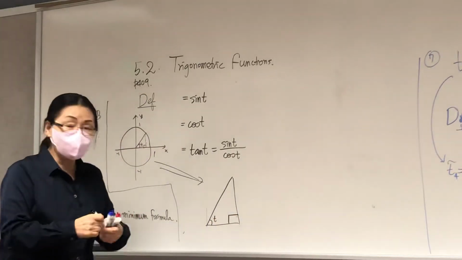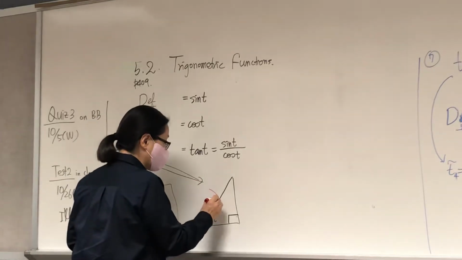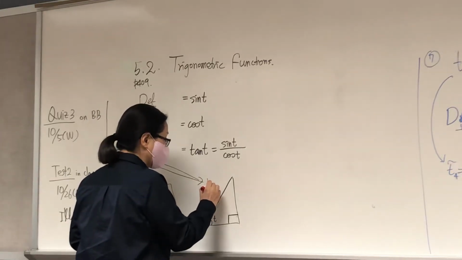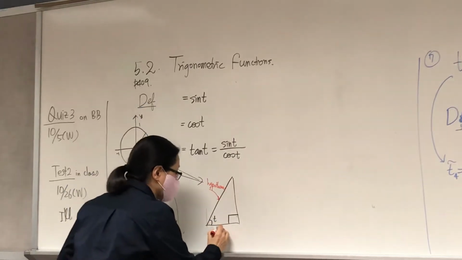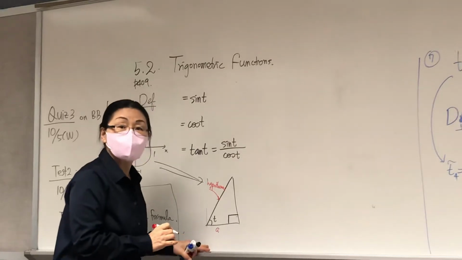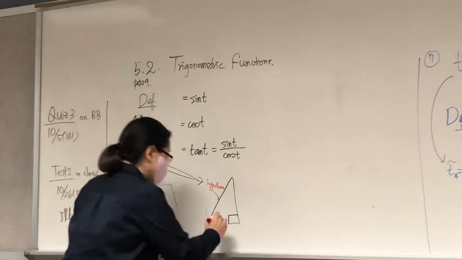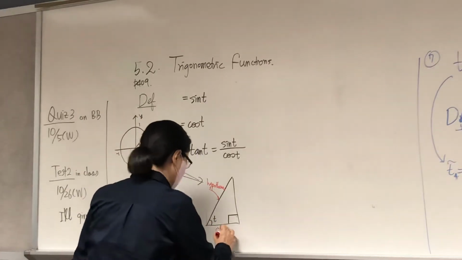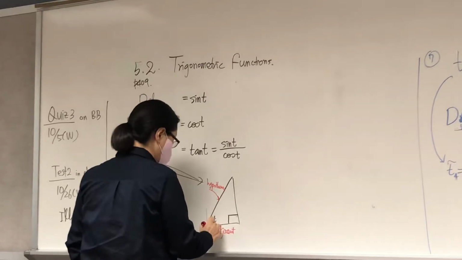What's the name of this part? Maybe your geometry class already discussed it. This is the hypotenuse, right? How about this? A leg. What is this part? The adjacent, yeah. There you go. What about this? The opposite, yeah, opposite.